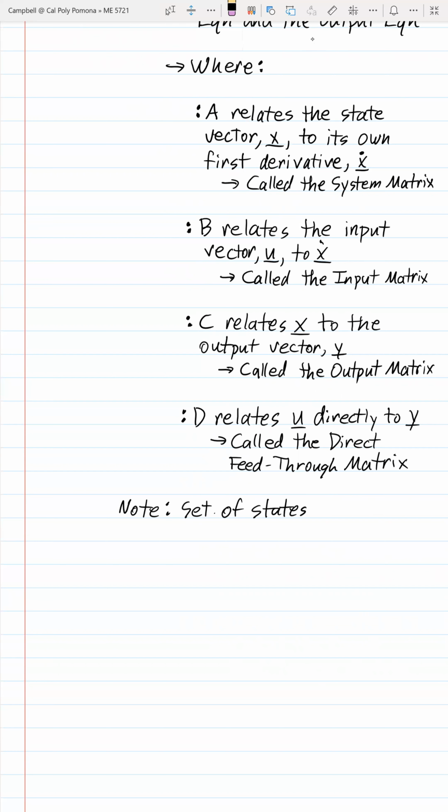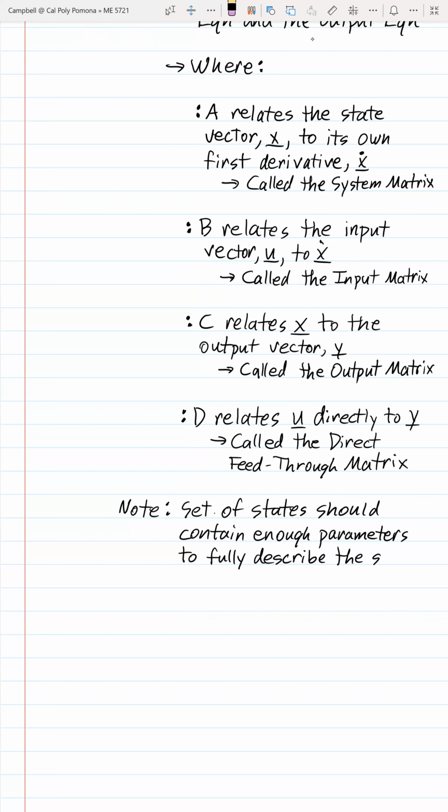The set of states should contain enough parameters to fully describe the system configuration.